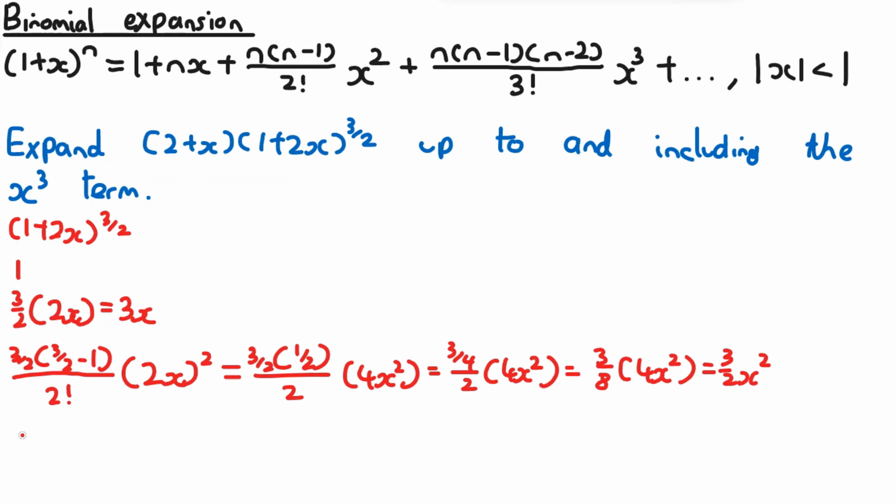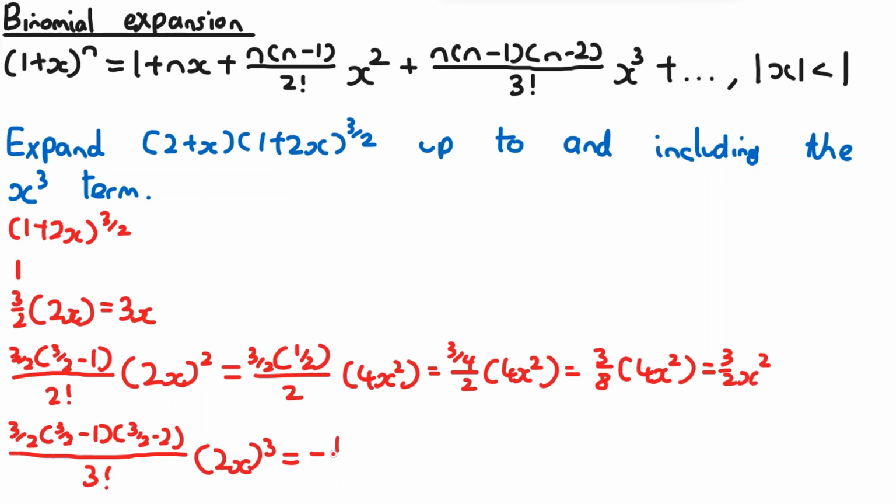Then the fourth term is going to be 3 over 2, and then 3 over 2 minus 1, 3 over 2 minus 2 over 3 factorial multiplied by 2x to the power of 3, and because this is quite long, I'll just put it into the calculator, and this is equal to minus a half x to the power of 3 like this.